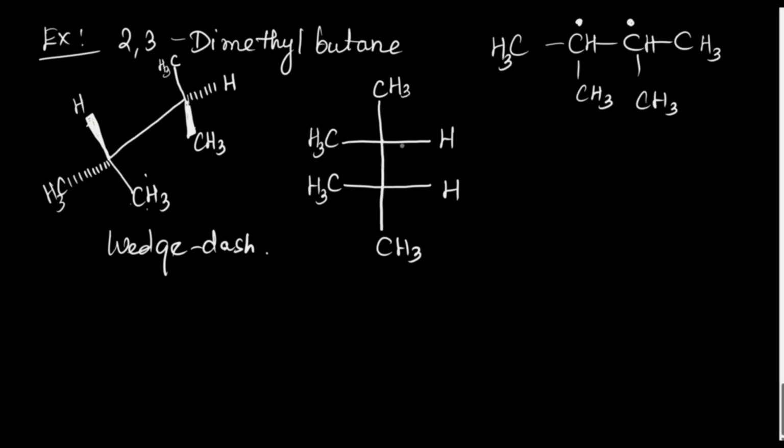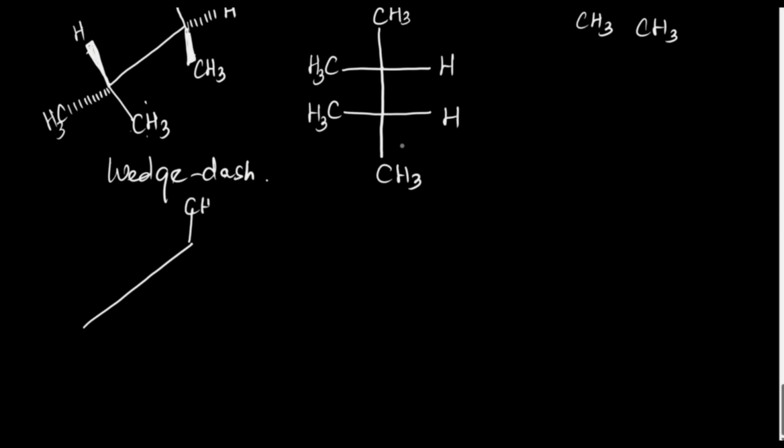Now let's go to the third projection formula. Here I'm considering this CH3 and another CH3 must be on the same side, or I can write it on the opposite side if I am writing like this.